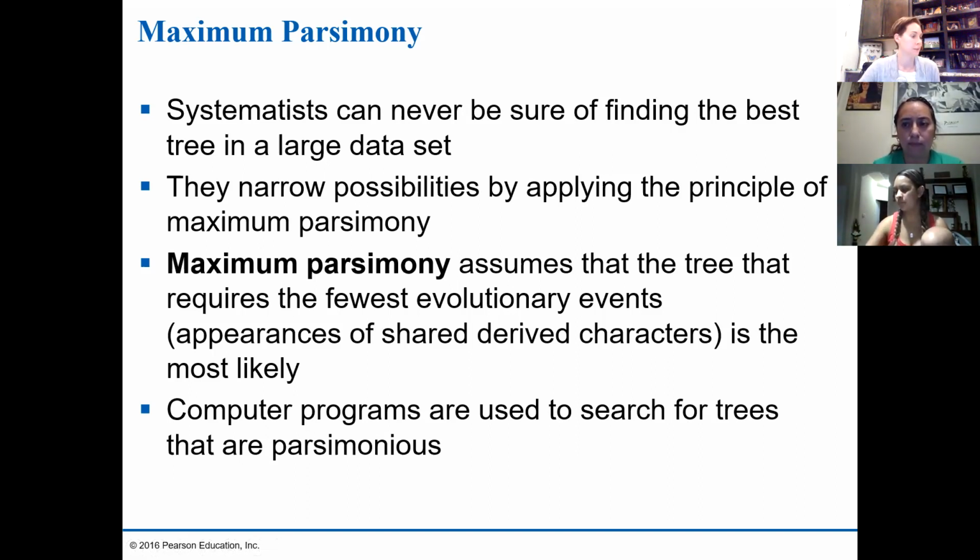It's kind of like the simplest answer is usually the right one. The simplest explanation is what maximum parsimony means: the fewest evolutionary events is the most likely to be the result of what we see in these organisms that we're looking at.